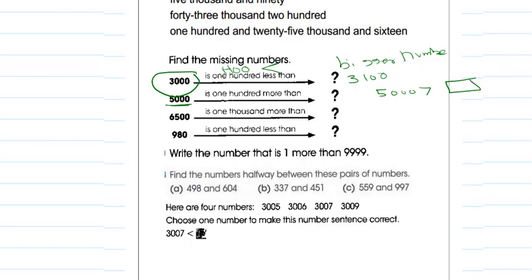Then you have to subtract 100 from 5,000. It will give you 4,900. 6,500 is 1,000 more than, then you have to subtract 1,000 to give the smaller number. It will be 5,500.